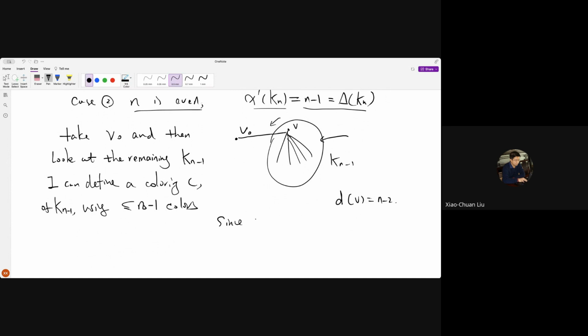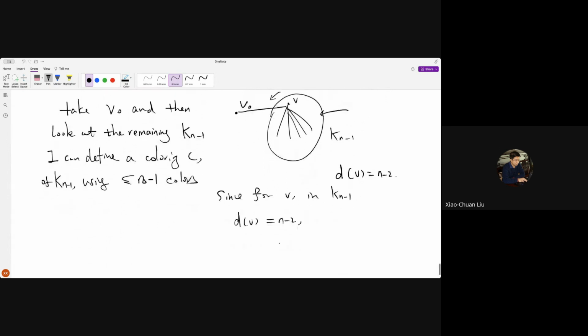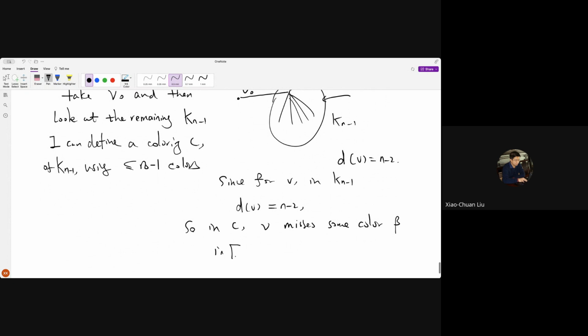Since for V in Kn minus 1, the degree of V is n minus 2, in this coloring C, V misses some color, for example beta, among these n minus 1 colors.